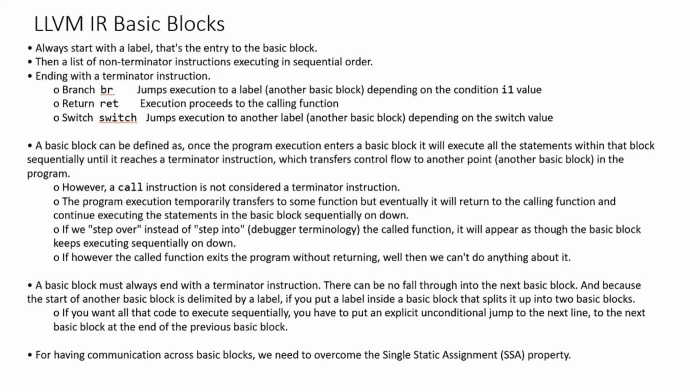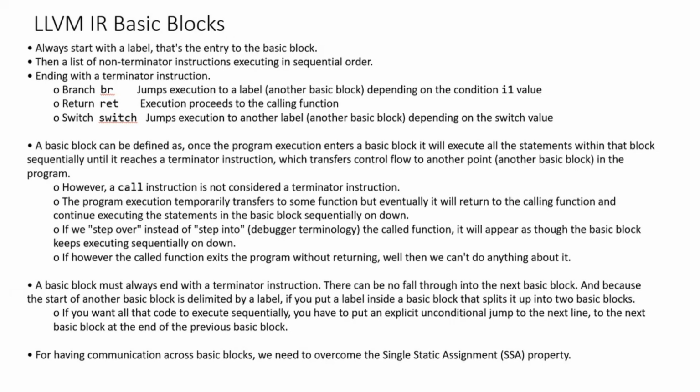So another caveat of having each basic block always end with a terminator instruction is that there can be no fall through into the next basic block. Unlike labels in x86 assembly, or for example, goto labels in C++, you cannot just fall down the basic block.